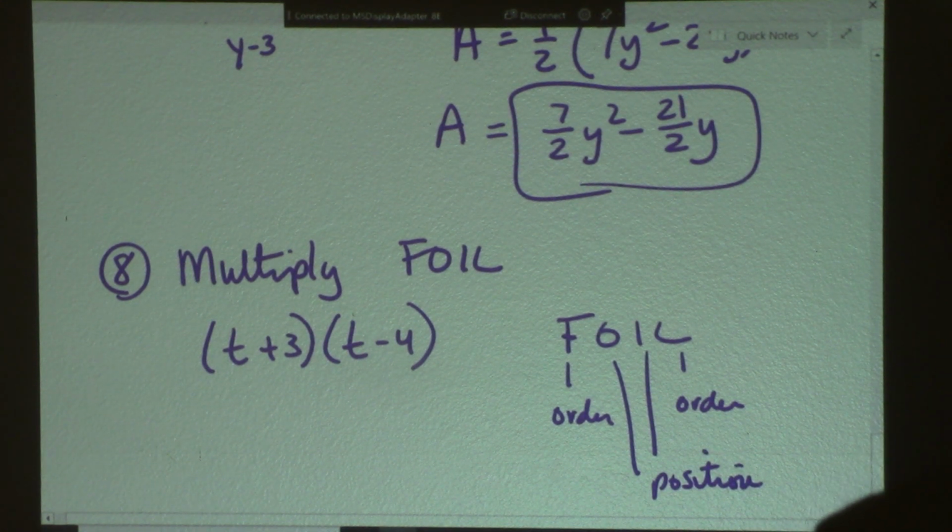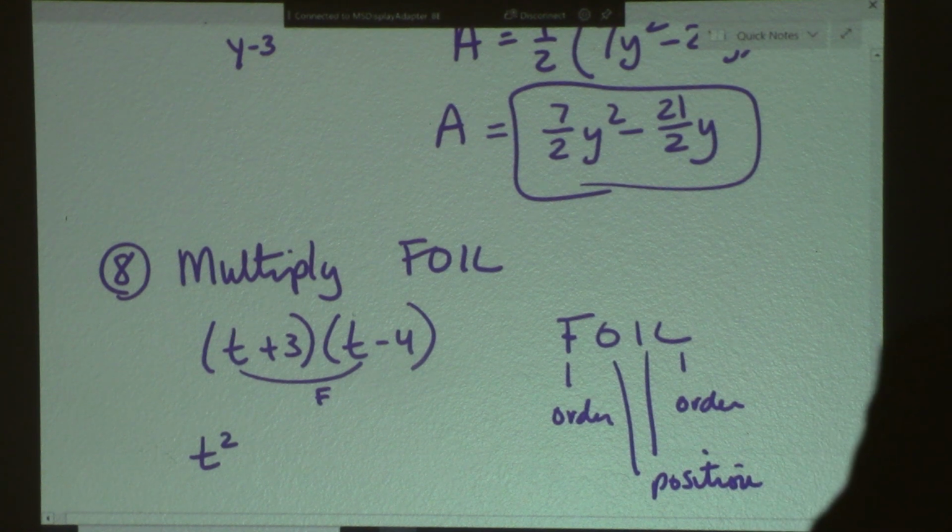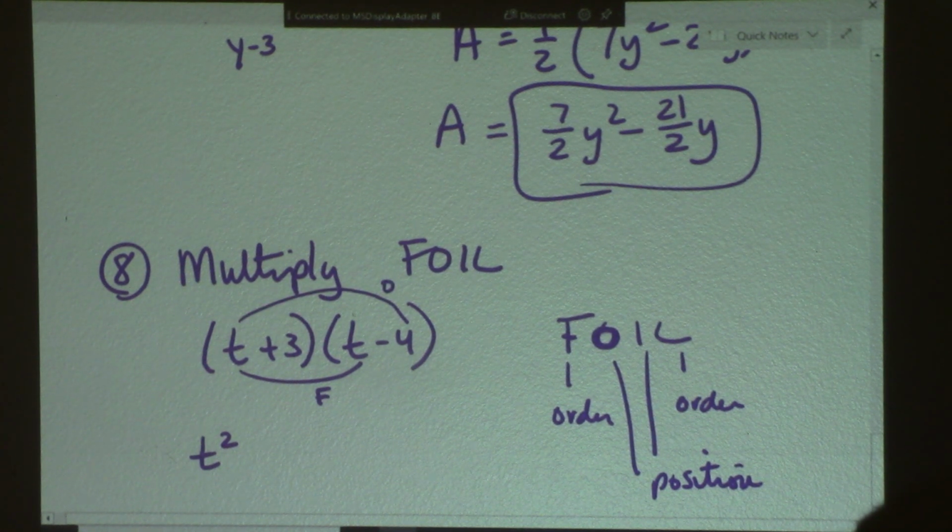Okay, so when I'm looking at first and last, I'm going to multiply the first times the first, my 2 firsts. So I get t times t is t squared. Now I'm going to do O, which is for outside. So I have the 2 terms that are on the outside, which is t and negative 4. Don't forget to take that negative with it. So I have negative 4t.